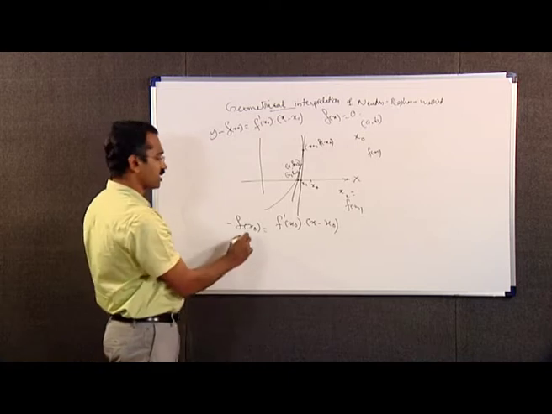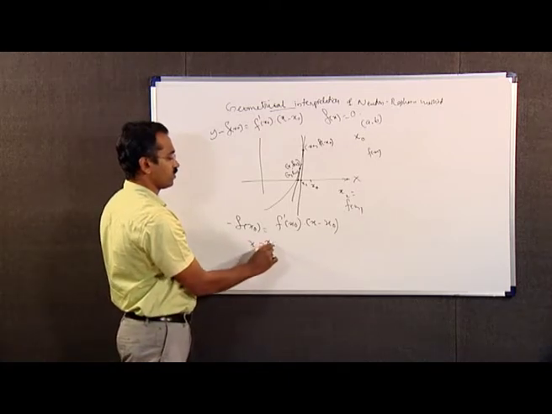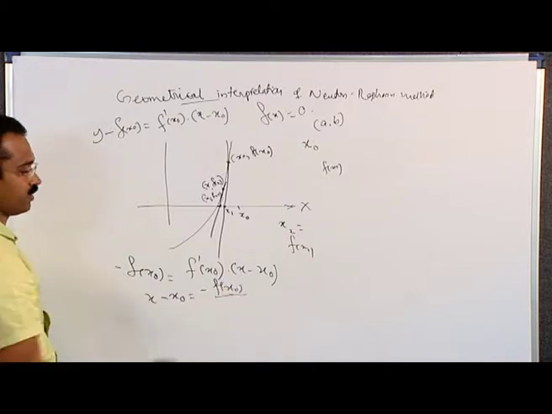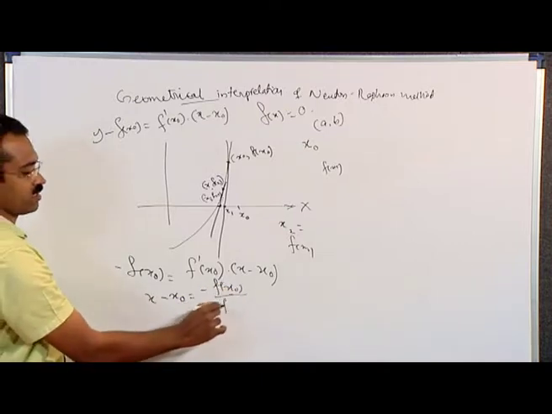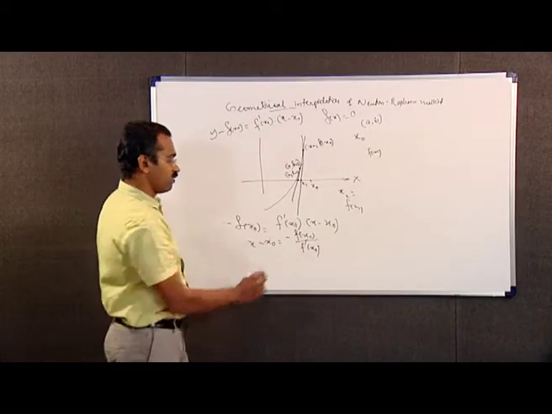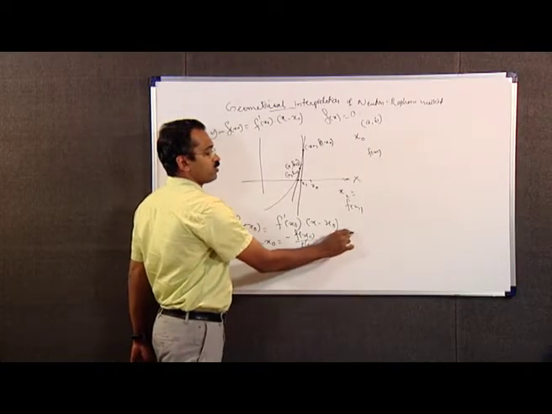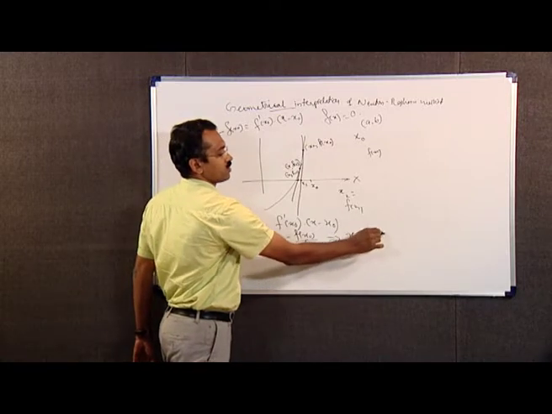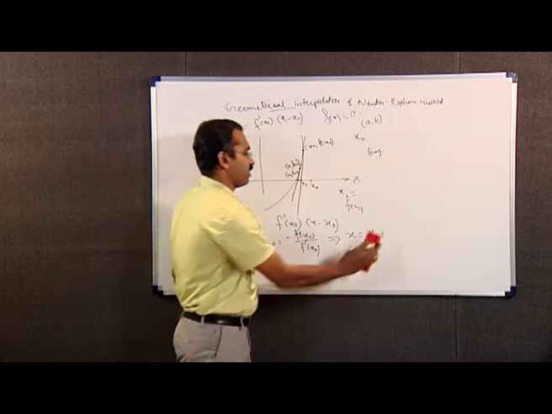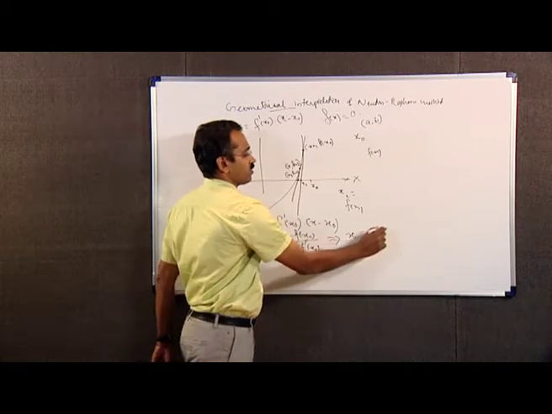or x minus x naught is equal to negative of f of x naught divided by f dash of x naught, which implies x equal to x naught minus f of x naught divided by f dash of x naught.